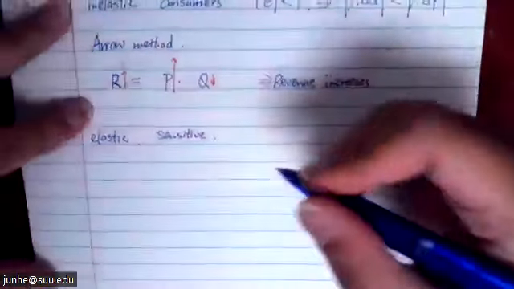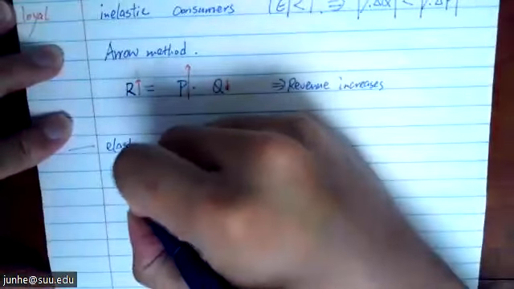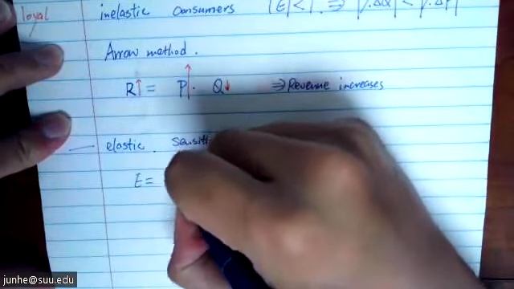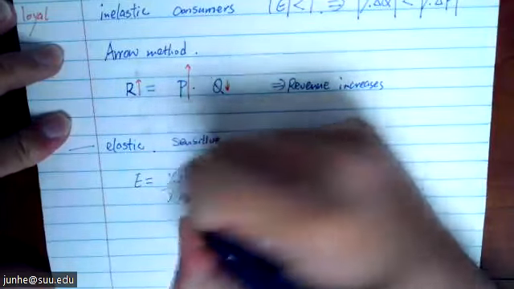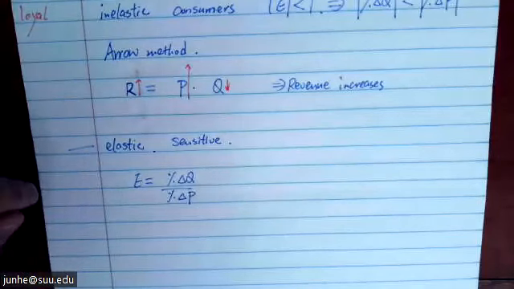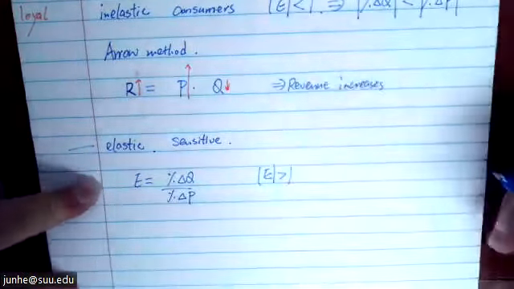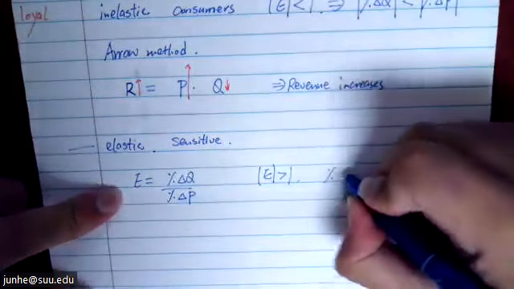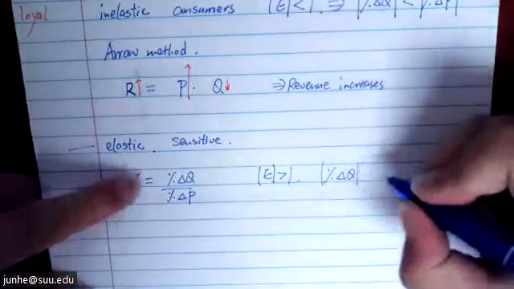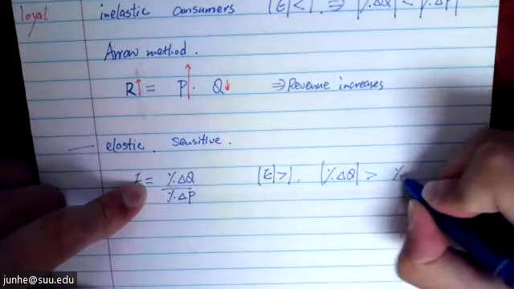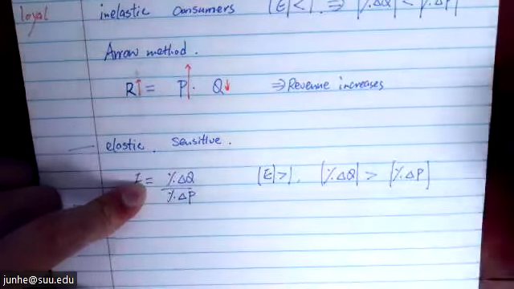In that case, for a very elastic consumer, their elasticity is like this, right? The absolute value of elasticity is greater than 1, that means the magnitude of the top is greater than the magnitude of the bottom.